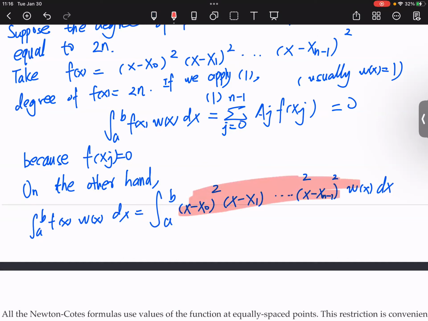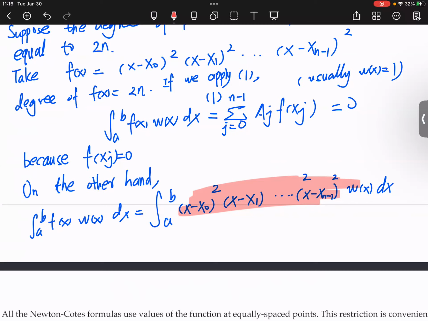And then also we have points where it is positive, right? So if you are integrating this function, it is always non-negative, and this is a continuous function, and somewhere it has a positive value, right?